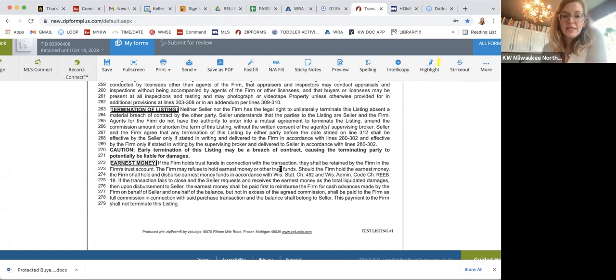Seller and the firm agrees that any termination of this listing by either party before the date on line 312 shall be effected by the seller only if stated in writing and delivered by the authorized delivery methods. Or likewise, the firm, if we are trying to attempt to terminate a listing, we must deliver that in writing by the authorized delivery method.